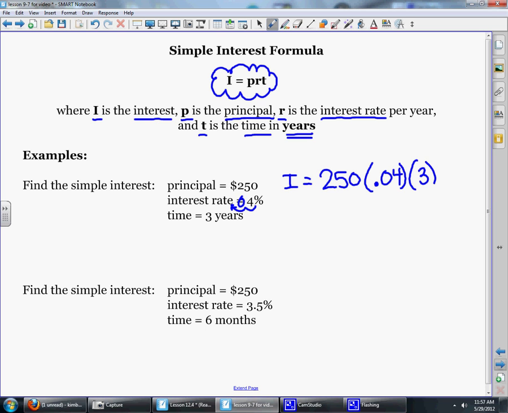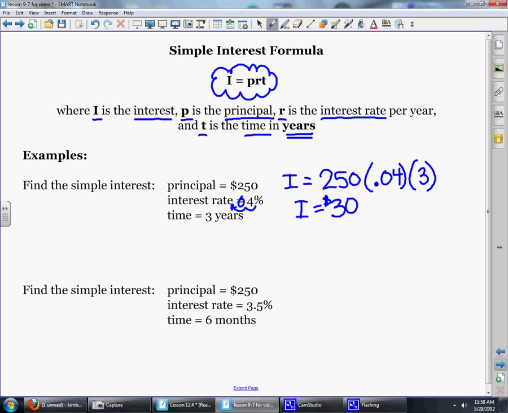So that's 3 years that we're depositing that money. So we take 250 times 0.04 times 3, and we get $30 that you get in interest.